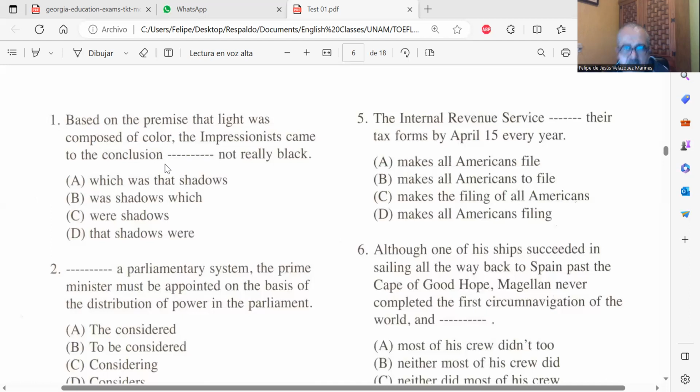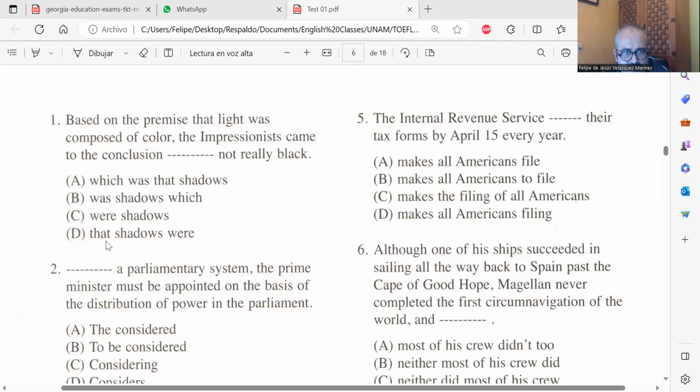I need marker, subject, verb. Marker, subject, verb. Tell me an option that includes marker, subject, verb. Which was that shadows? No, that shadows were.